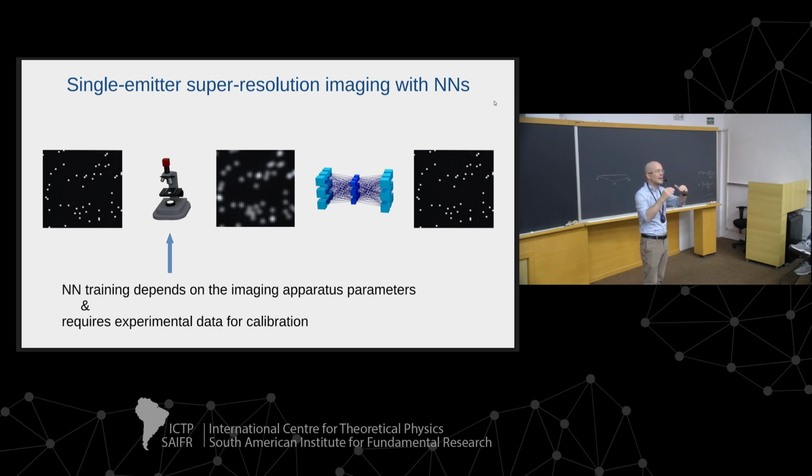So basically, if the position of the sample slightly changes, the system is slightly defocused, or there is some change of focusation, it means the point spread function changes.